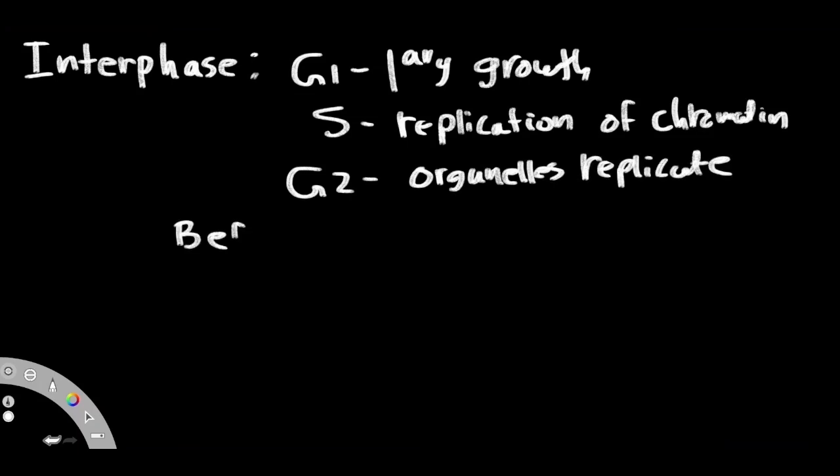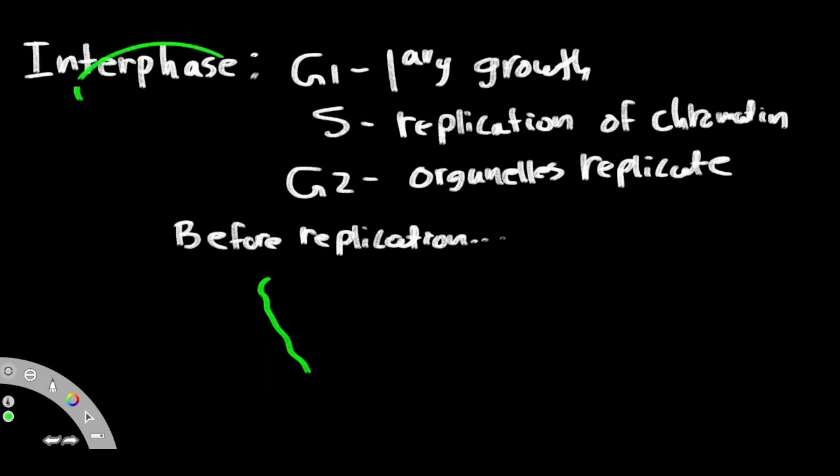All right, so before replication, I want you to think about this. How many chromosomes are there? Well, if you want to get very, very technical and only talking about one parent, so let's talk about the green one over here. Let's say this is the first parent that we're observing. This is one chromatin, right? But how many chromatins are there in each of our cells during interphase? We have 46, all right?